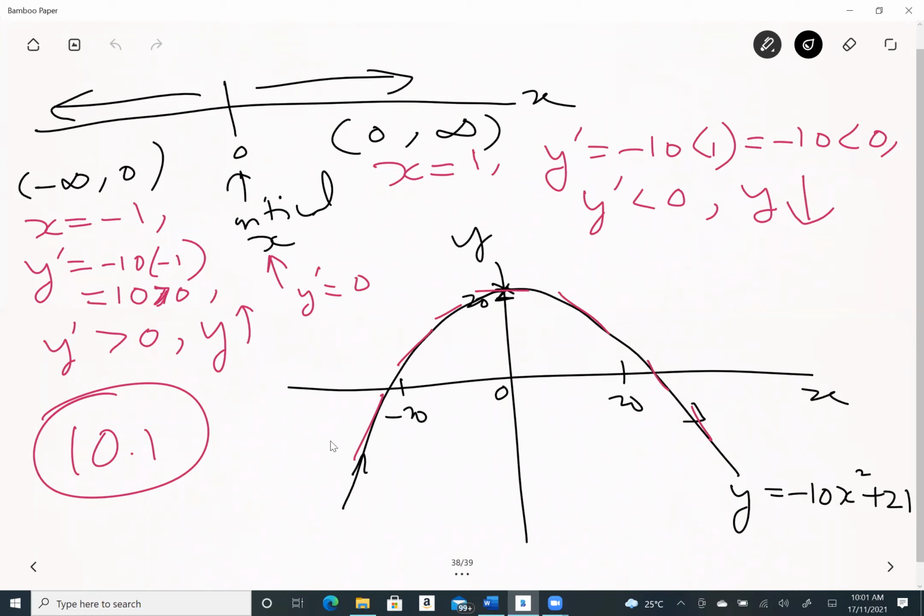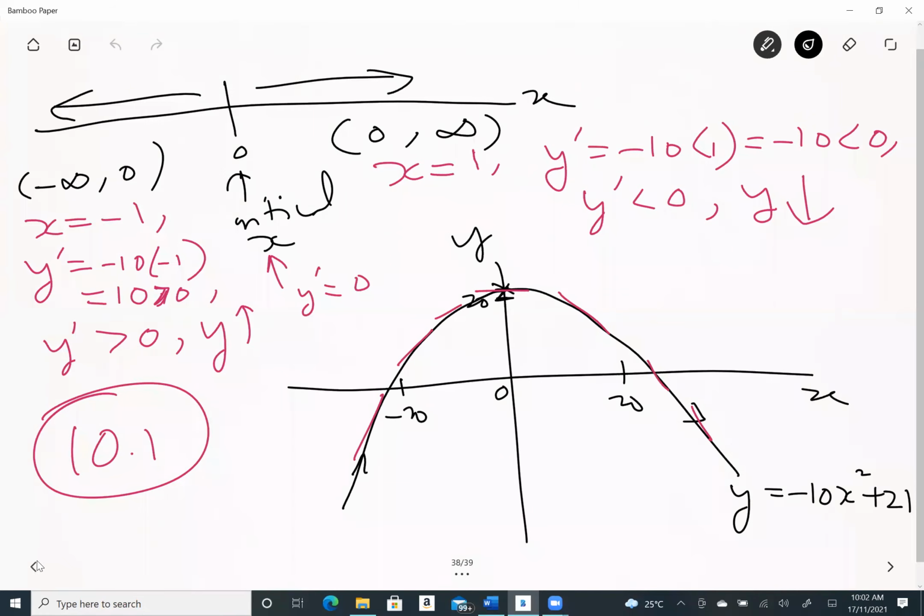In terms of the slope, the interval on the left is positive, and then the interval to the right is negative. So you can relate the y prime and the nature of the curve, whether it is increasing or decreasing. And then we can say whether the critical point is maximum or minimum.